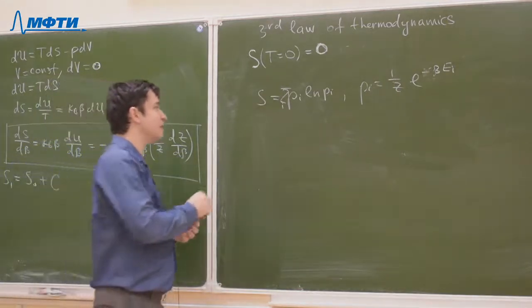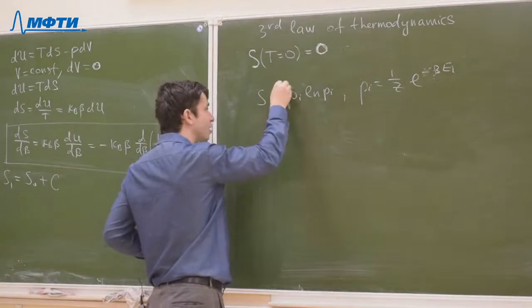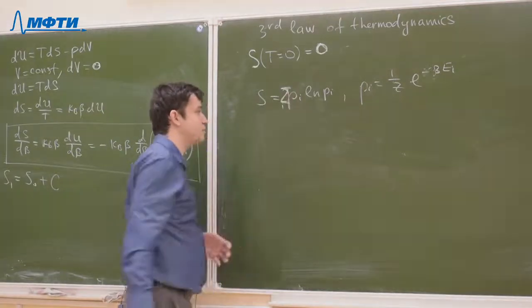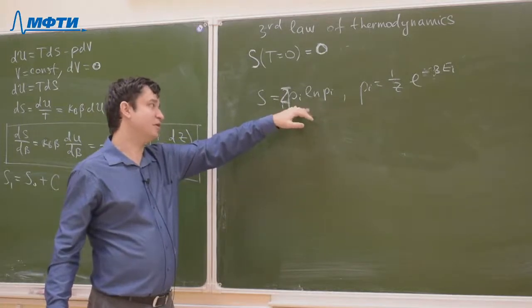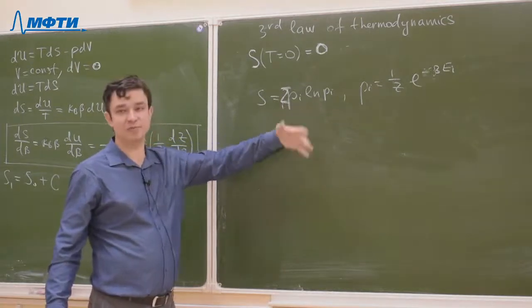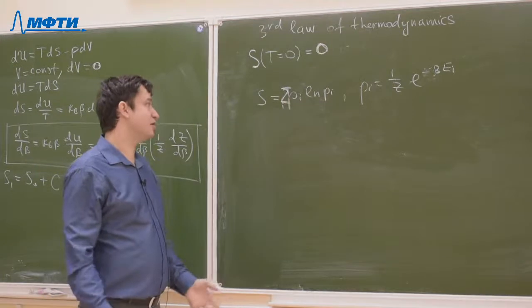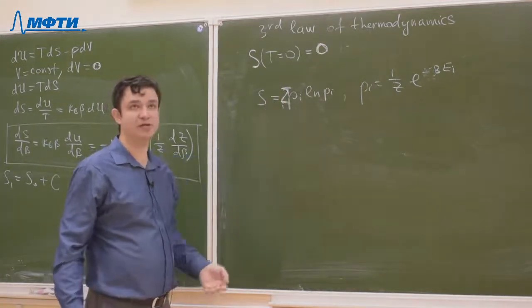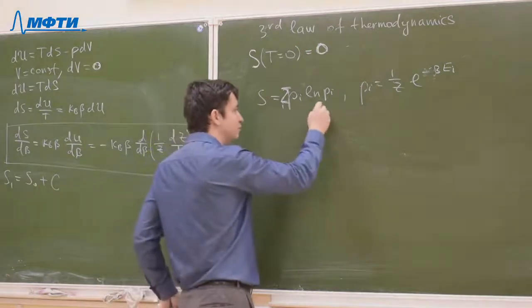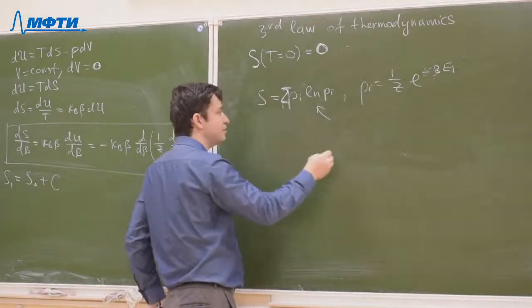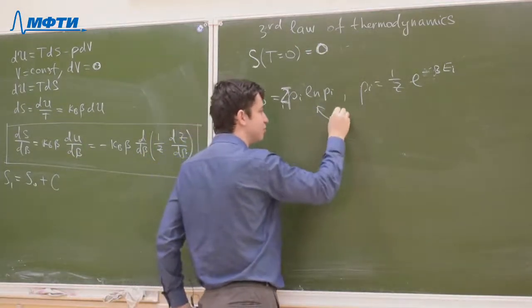But more than that, this quantity doesn't ring any bell, so it's quite complicated. We have some logarithms, we have some probabilities, and actually we don't know yet what this means. But just for now, I will say that this entropy is called the von Neumann entropy.